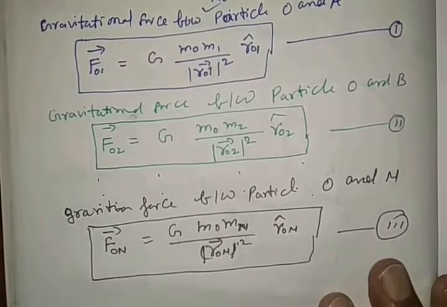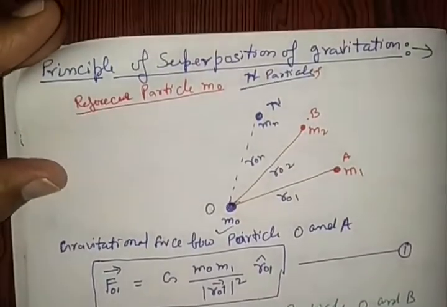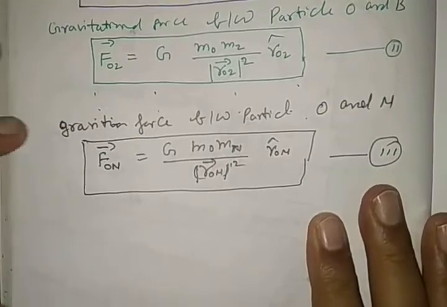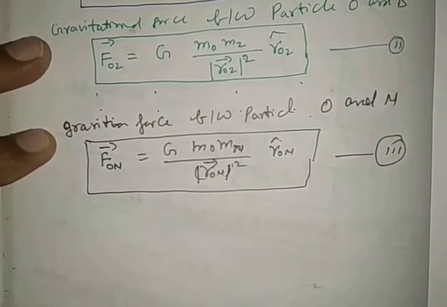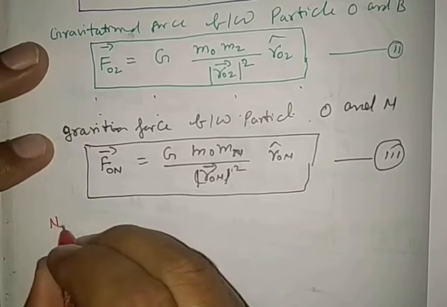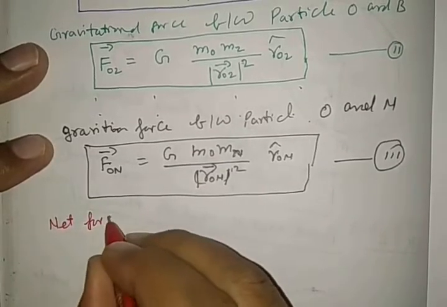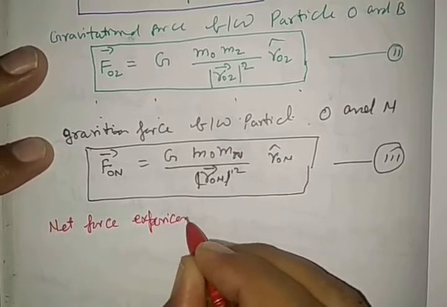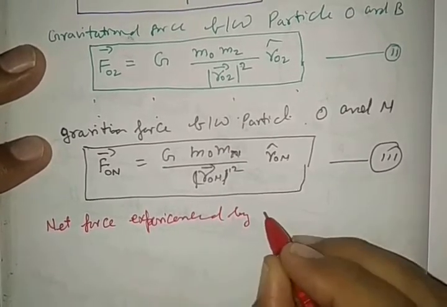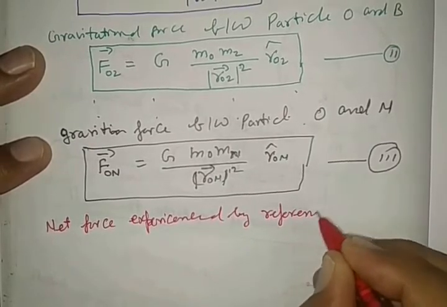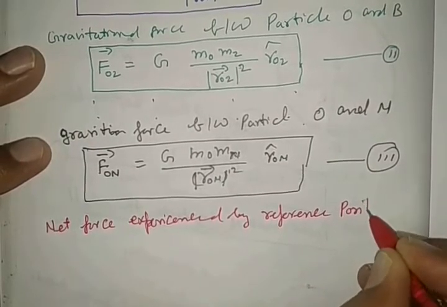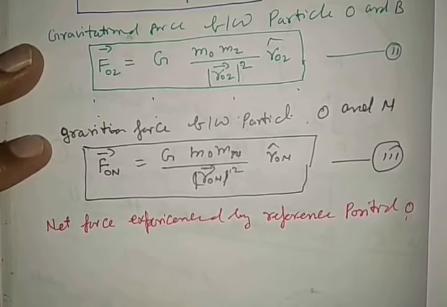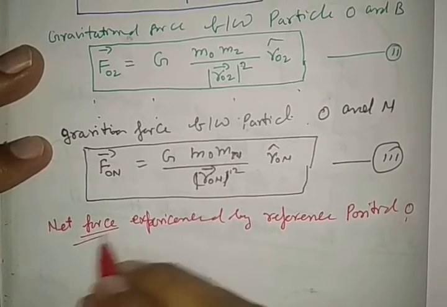Now see carefully, once all these derivations are utilized in this whole scenario, we are going to calculate the net force experienced by reference particle O. We know that this force is a vector quantity.